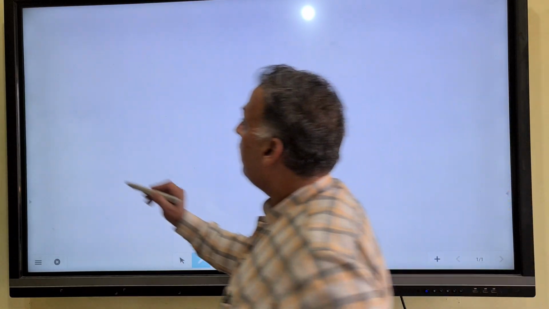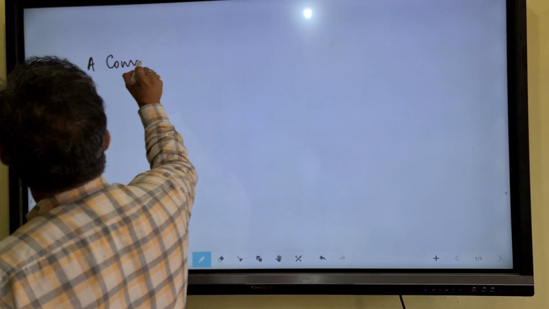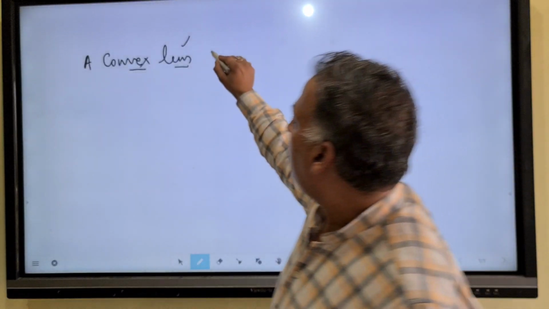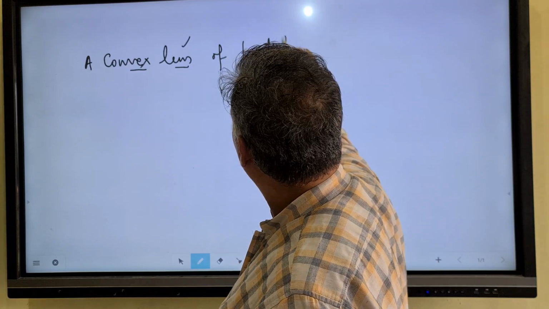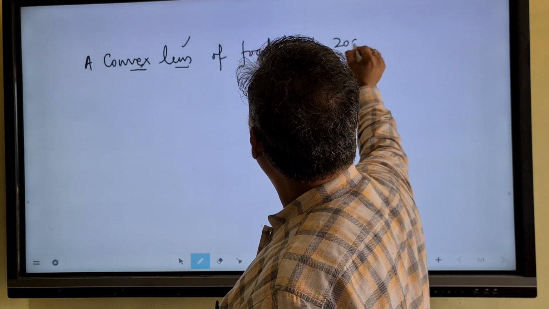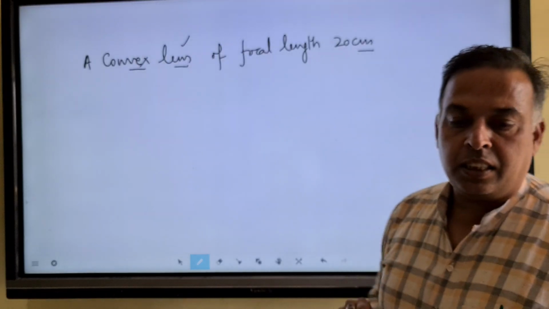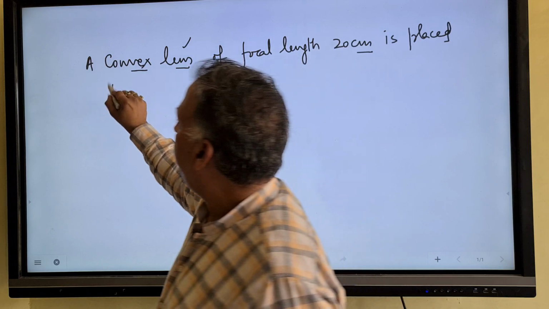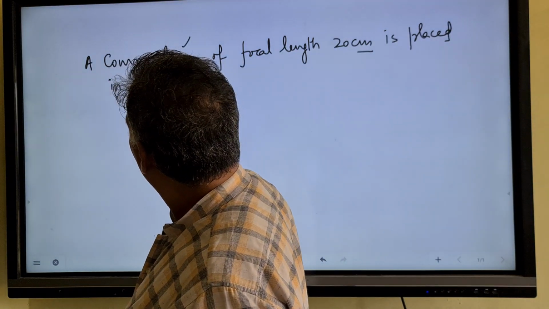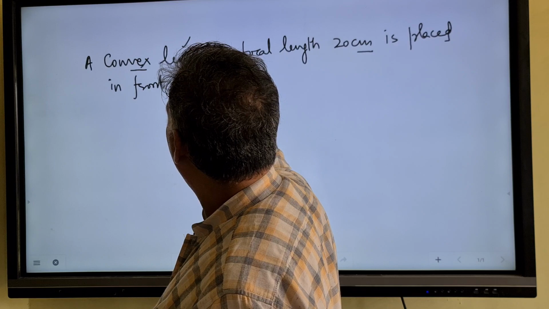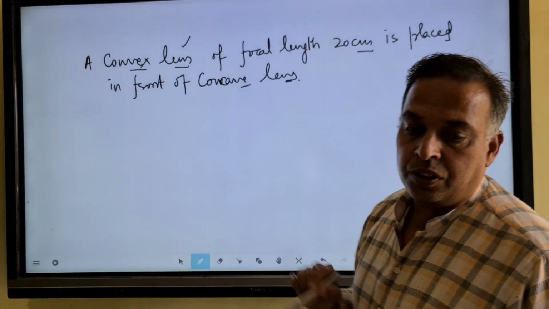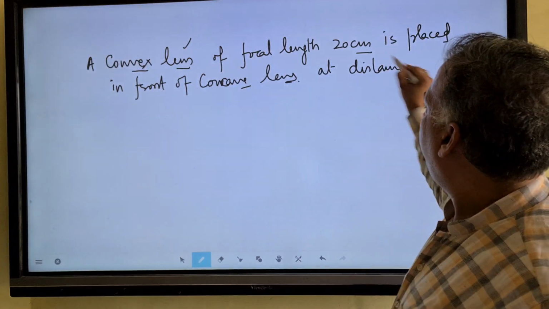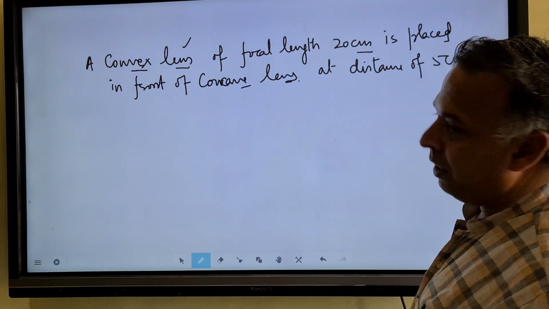Another question is: a convex lens of focal length 20 centimeter is placed in front of a concave lens at a distance of 5 centimeter.